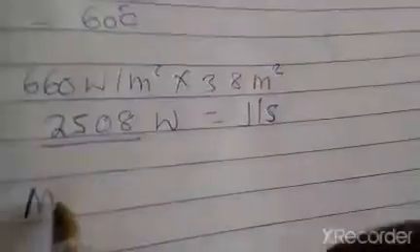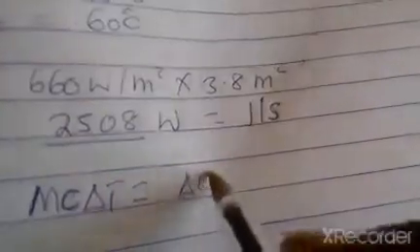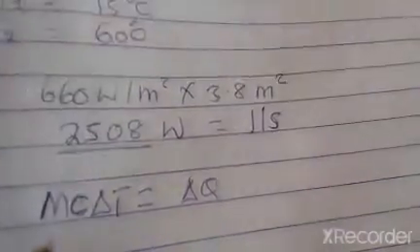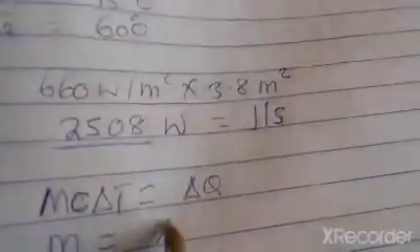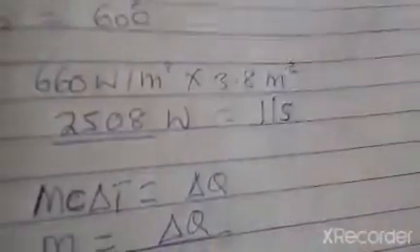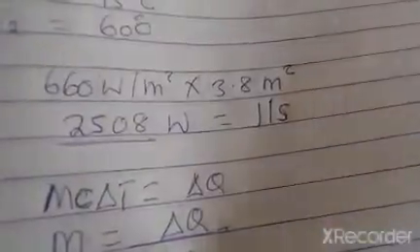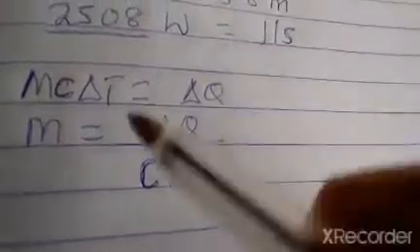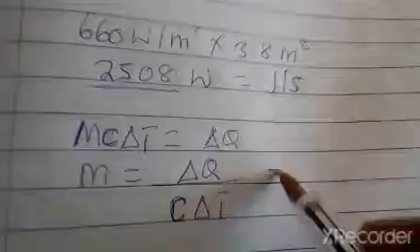If we use the formula MC dt is equal to dq, then dq is the energy that we have calculated here, and if we want m, we are going to say dq divided by c dt, where c is the specific heat capacity and dt is the change in temperature. We already have the value for dq. It's just a matter of substituting.